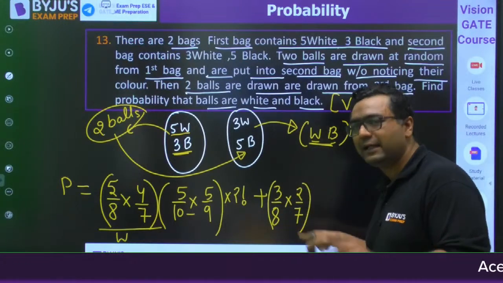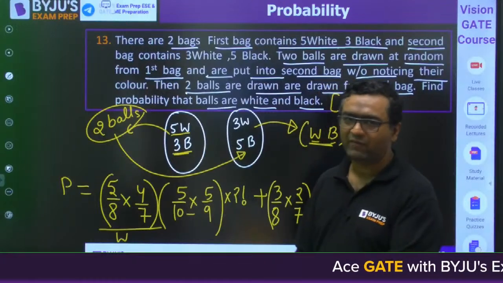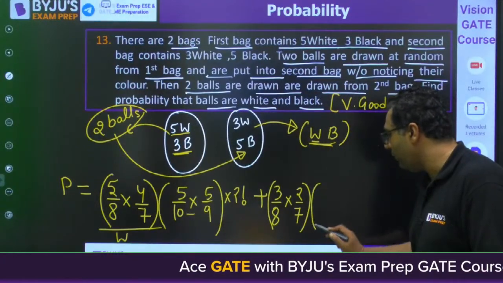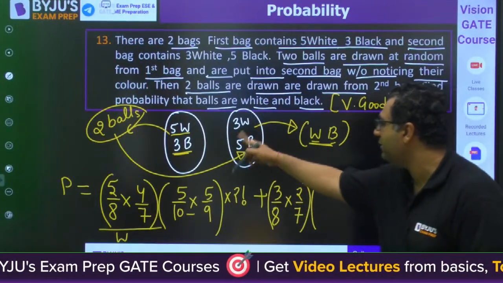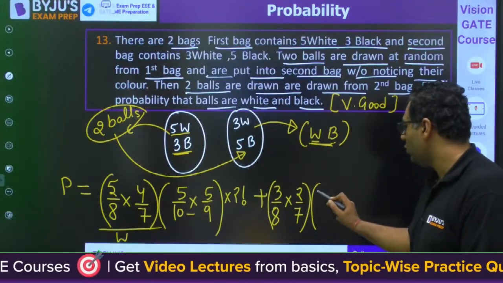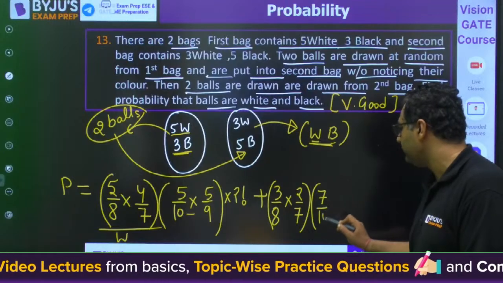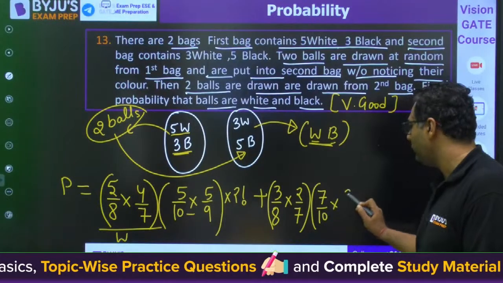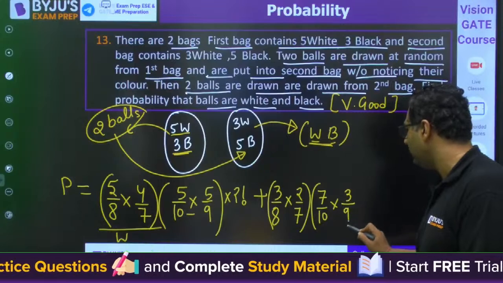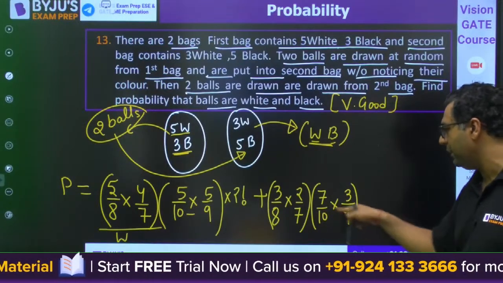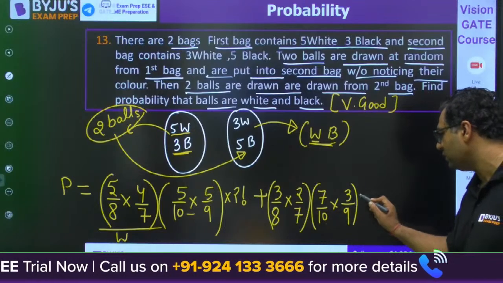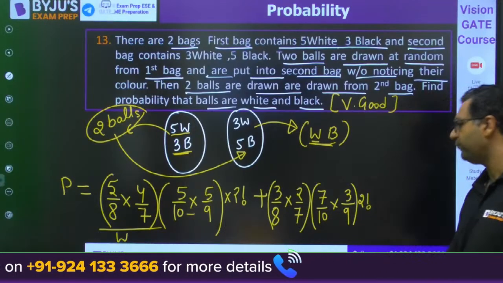As both are black, they cannot be in 2 factorial, they can be in one way only. There is no combination possible. Then you are putting them here. So now they are becoming 7 black. So 7 of 10 or 3 of 9. And they can be done in 2 factorial ways. Maybe first one is black, second one is white. So multiply by 2 factorial.